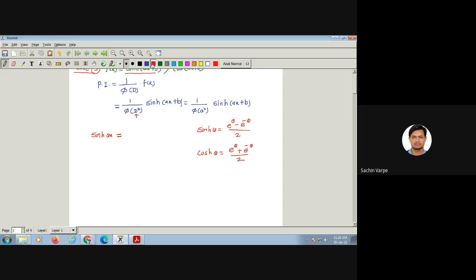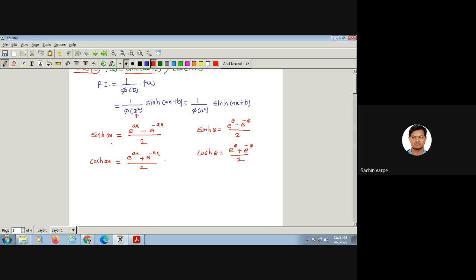So therefore, I can write hyperbolic sine of ax plus b as e to the power ax plus b minus e to the power minus ax plus b, upon 2. And hyperbolic cos can be written as e to the power ax plus e to the power minus ax upon 2.